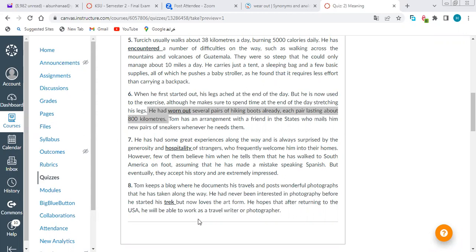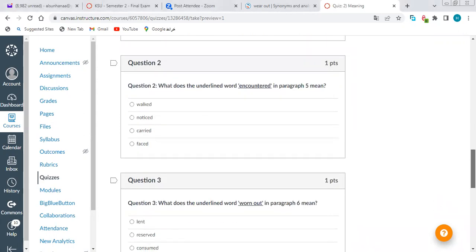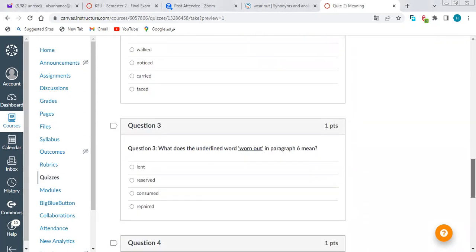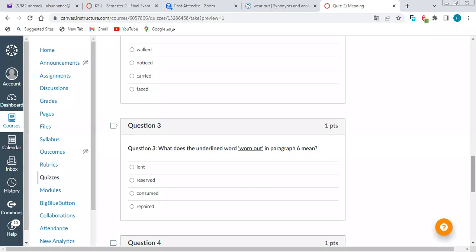So worn out here means what? What is the right answer? Consumed. Yes, consumed. استهلك. Because of using something a lot, you frequently use it, you negatively affect it. يعني استهلكت الحاجة, or damaged it, أتلفتها, or affected it badly.